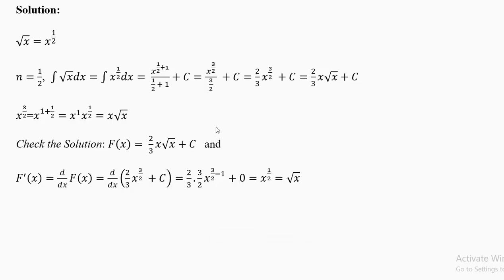So the solution is 2 by 3 into x root x, which can be written as 2 by 3 into x power 3 by 2. Now when you differentiate this, the 3 by 2 will come out. 2 by 3 into 3 by 2 will cancel. You'll get 3 by 2 minus 1, which is x power half, which is root x.